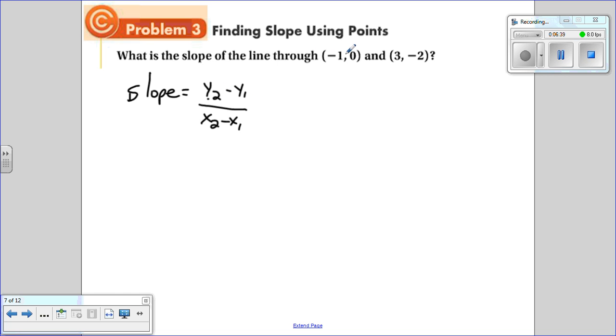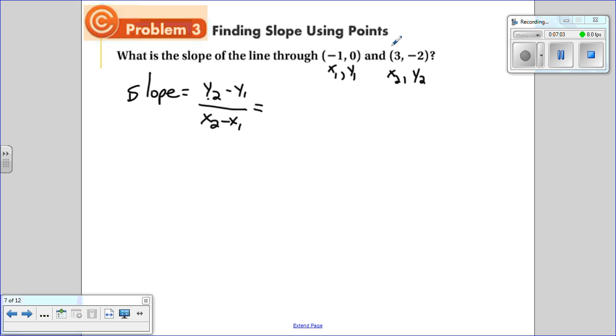Well, what you want to do is take these 2 points and think of one of them as point 1 and one of them as point 2. So obviously it makes sense that the first one is point 1, which means that these values are x1 and y1. And if this is point 2, this is x2 and y2.